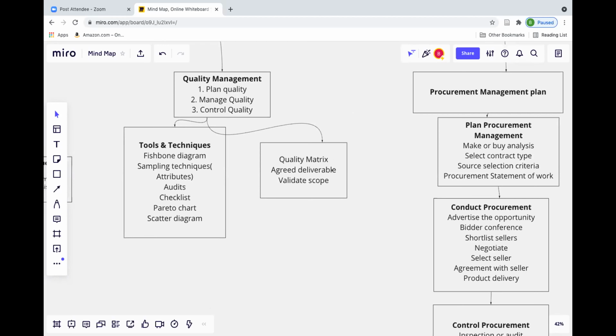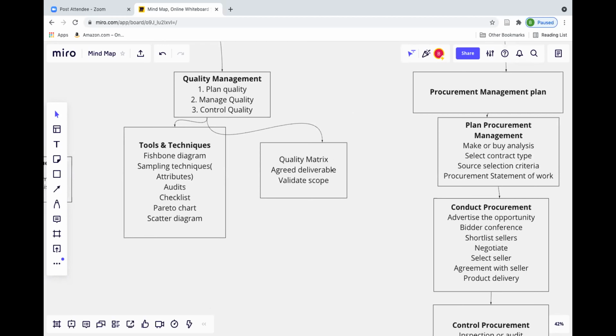The other part includes the procurement management plan. In plan procurement management, first we analyze whether we need to make or buy, select the contract type, source selection criteria, and the procurement SOW, that is procurement statement of work. Then we conduct the procurement, that is advertising the opportunity and floating the RFQs, request for quotations.